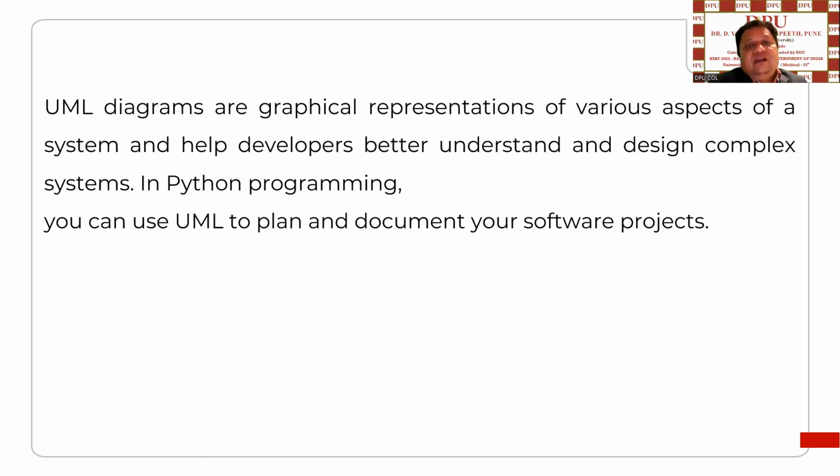It's a graphical tool which helps you define your components graphically. Before actually writing the code, one has to design the system, one has to graphically represent the system on paper, and that can be done with the help of the UML diagram.